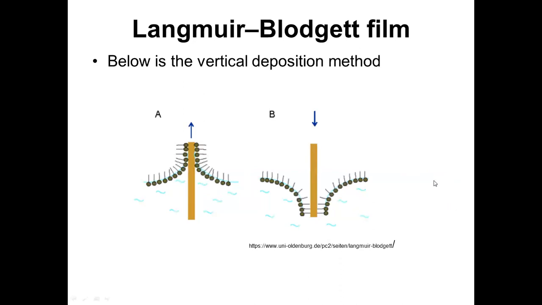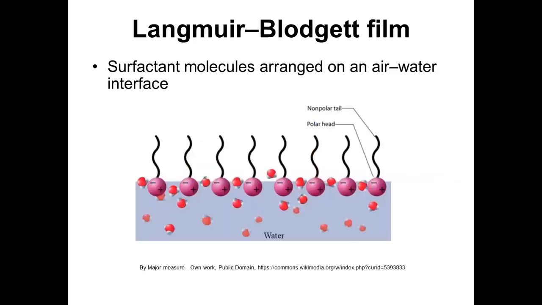Like we said before, this can take place when we dip the material in or pull the material out of the media. So what we're doing is taking advantage of the different energy levels between the surface, the air, and the water interface.